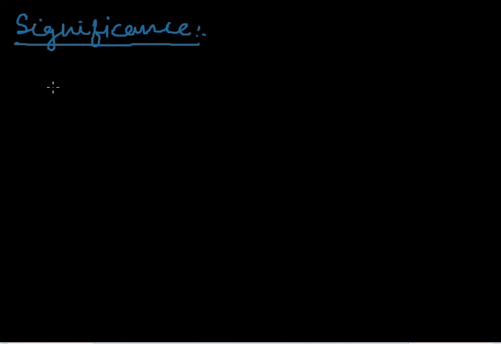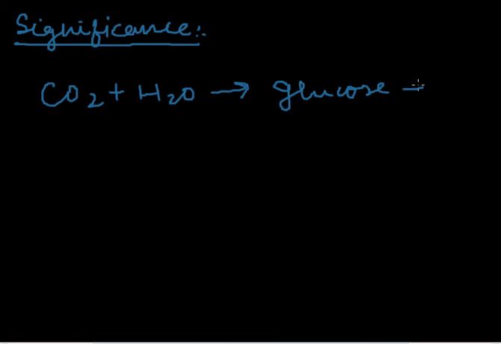As we saw earlier in the reaction of photosynthesis, two products are obtained through photosynthesis. First is glucose, that is food, and second is oxygen, that is necessary for respiration.